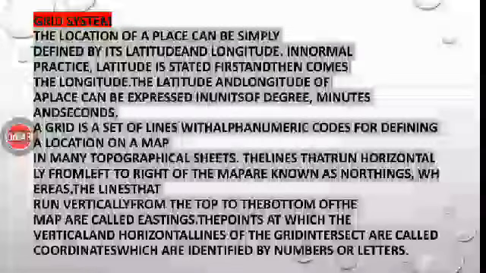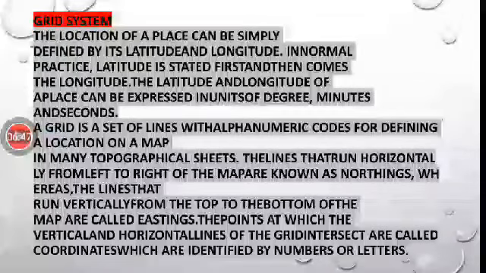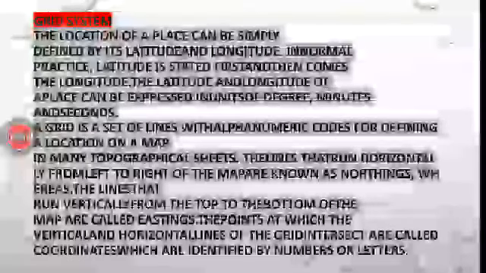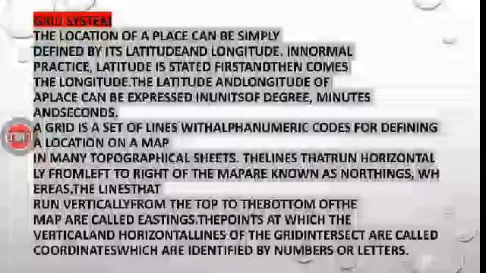A grid is a set of lines with numeric codes for defining a location on a map. In many topographical sheets, the lines that run horizontally from left to right of the map are known as northings, whereas the lines that run vertically from top to the bottom of the map are called eastings.